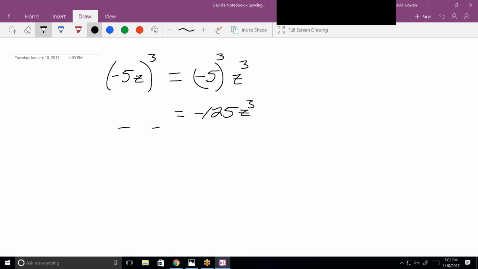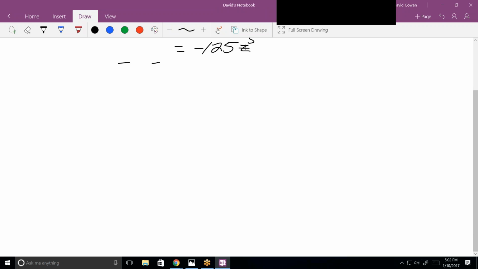All right. So what else do we have? 4x in parentheses to the power of -4. All right. Let's talk for a moment about what a negative exponent means.